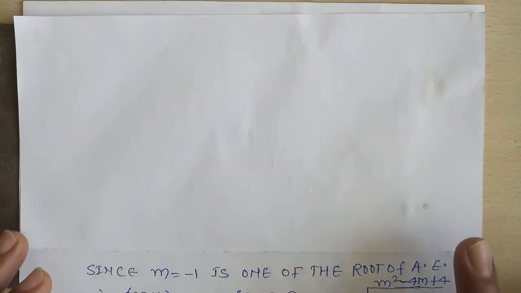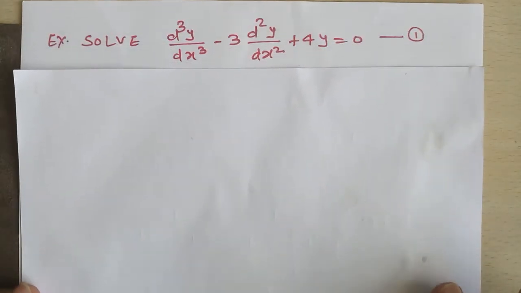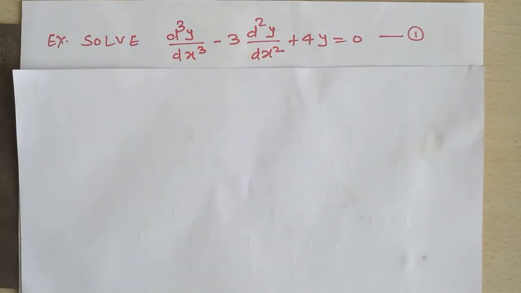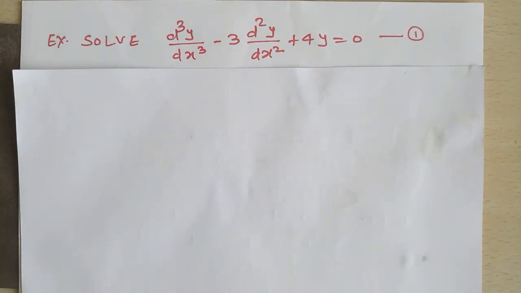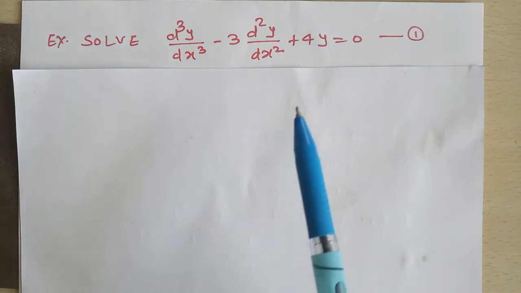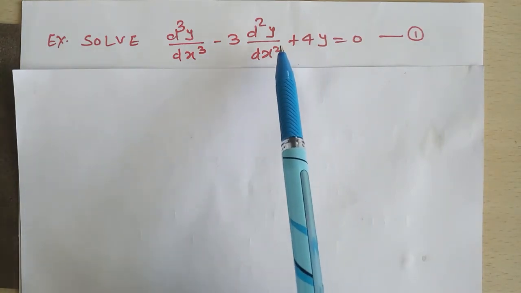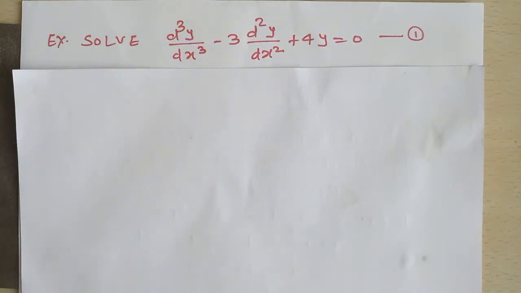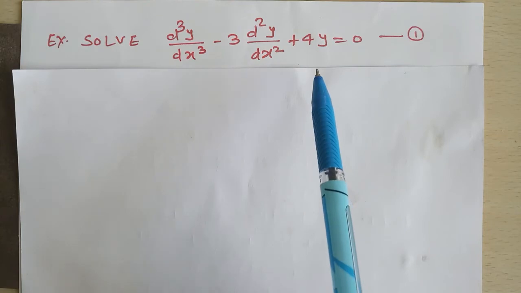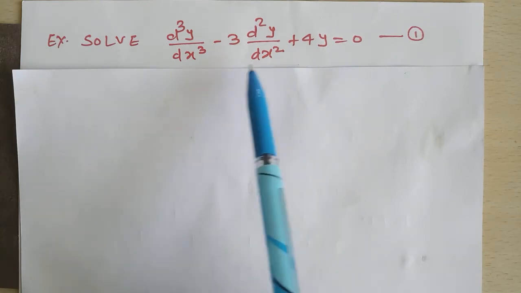Next example is: solve d3y by dx3 minus 3 d2y by dx2 plus 4y equal to 0. So this is a differential equation. Further, it is linear because y power 1, d2y by dx2 power 1 and d3y by dx3 power 1, and there is no multiplication term of y and its derivatives.